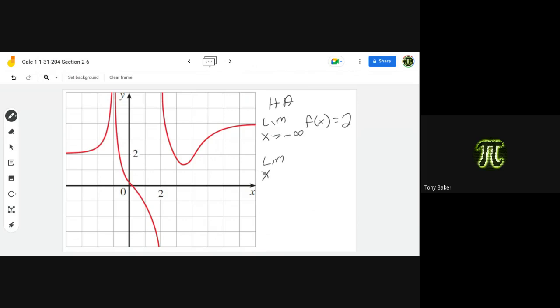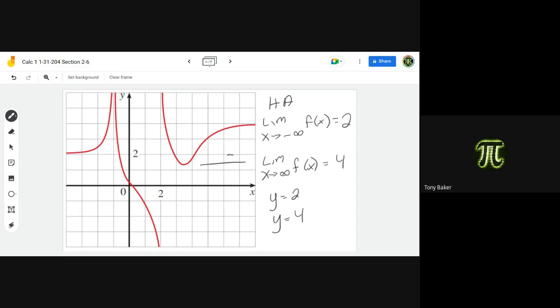What's the limit as x goes to positive infinity of f of x? 4. So I have 2 horizontal asymptotes here: y equals 2 and y equals 4.